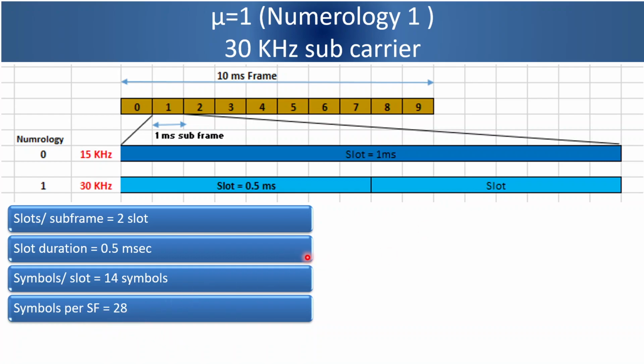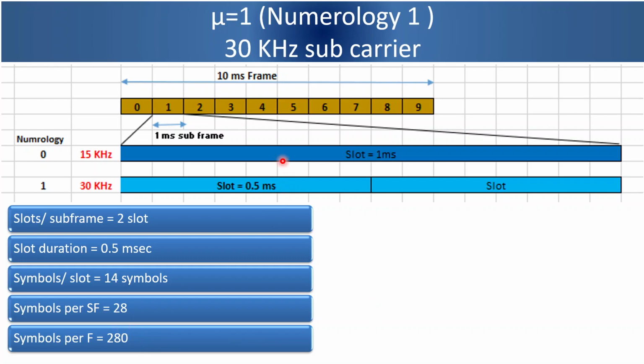Now what will be number of symbols in a frame? Since it contains 10 subframes and every subframe has 2 slots, it is 10 times 28, so 280 symbols in a frame.